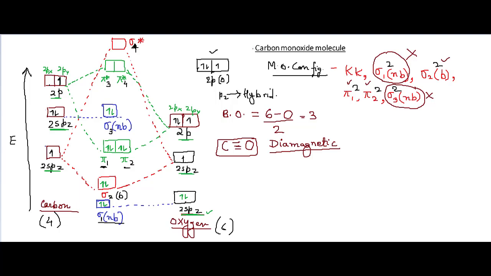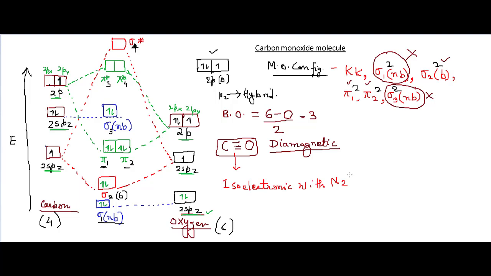And also you can find some reference in several books that carbon monoxide is isoelectronic with the nitrogen molecule, because nitrogen also contains 10 electrons in the molecular orbitals.